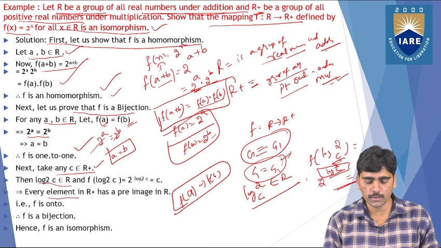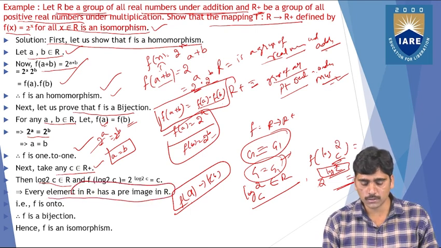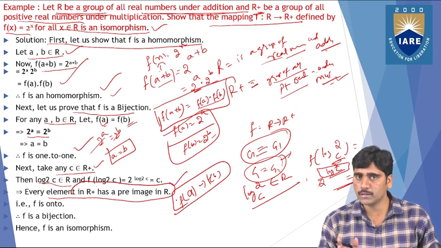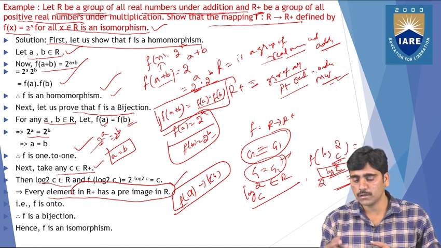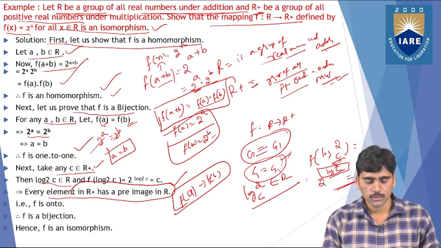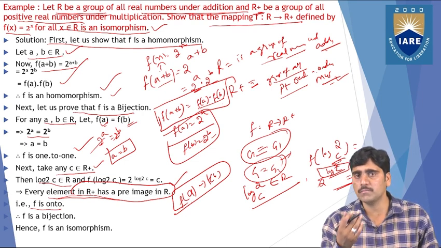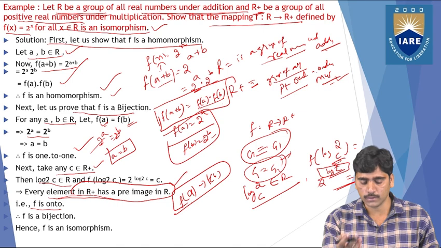So every element in R plus has a pre-image in R. Each and every positive real number in R plus is the image of an element of R. So f is onto, that means it covers the whole group.